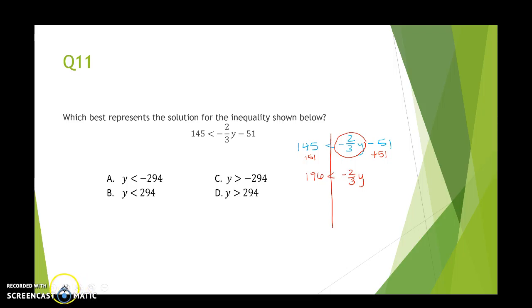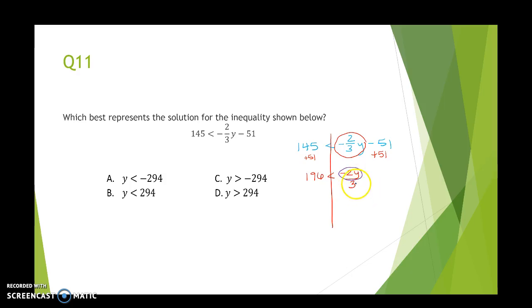So actually, I think it makes it a little bit easier if you write it like this. Let me show you. You can either put the y on the top or the bottom. So I'm going to put negative 2y over 3. So next step is that I want to get negative 2y by itself. So what else is on this side?